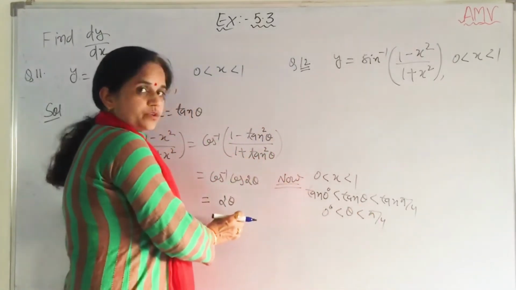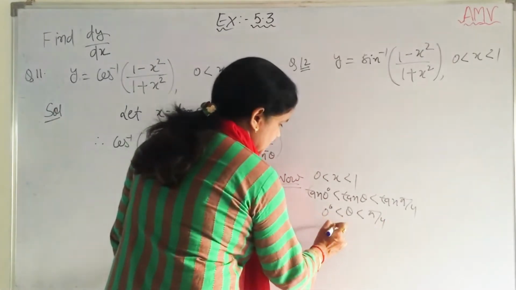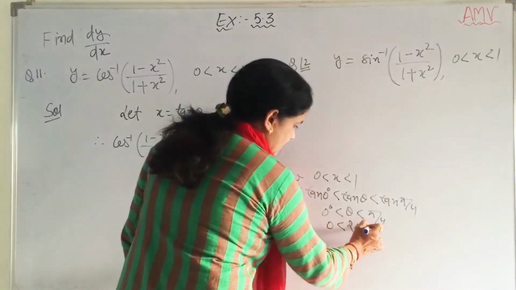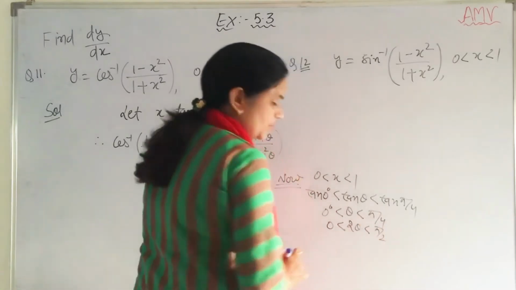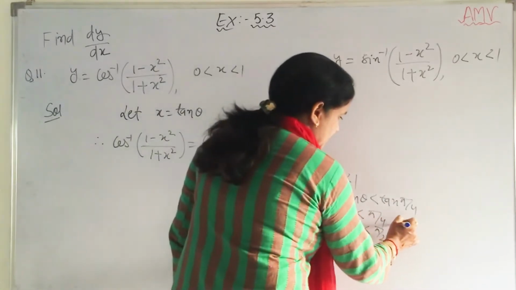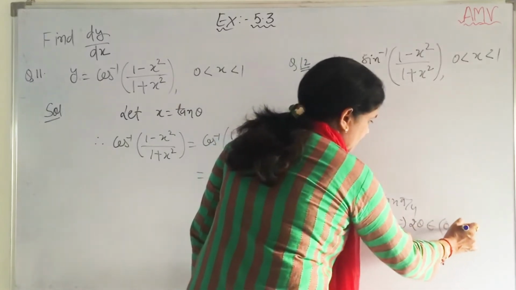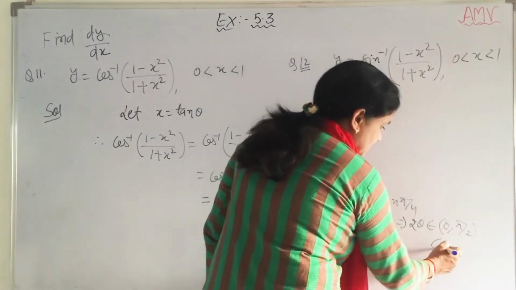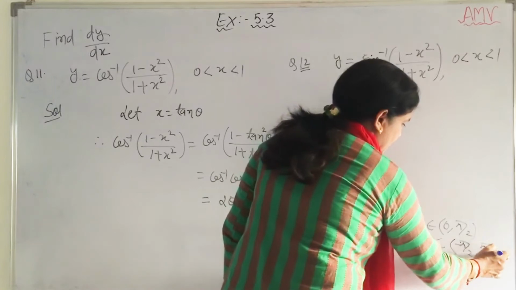We required 2 theta, so multiply this inequality by 2. It is 0, here 2 theta and here it is pi by 2. So 2 theta belongs to 0 to pi by 2. It is the subset of minus pi by 2 to pi by 2.